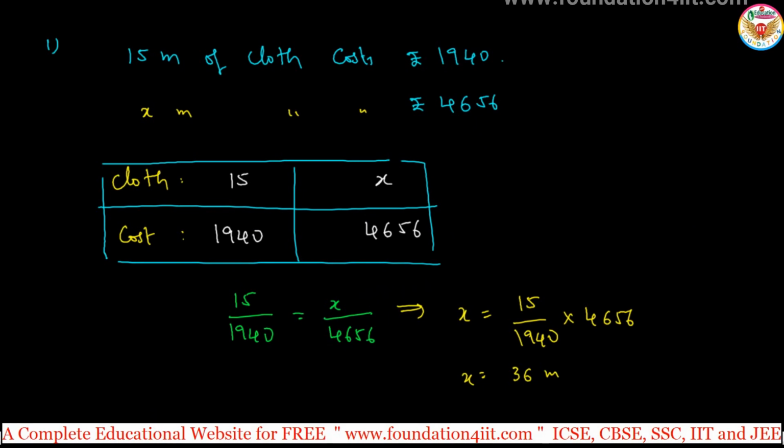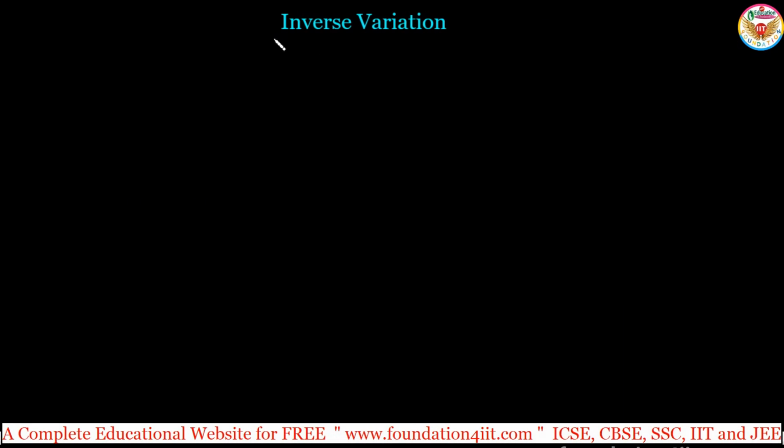Let us see some questions for inverse variation also. Inverse variation. We discussed the topic already. Two quantities, let us say x and y, are said to be in inverse variation if an increase in x causes a corresponding decrease in y.